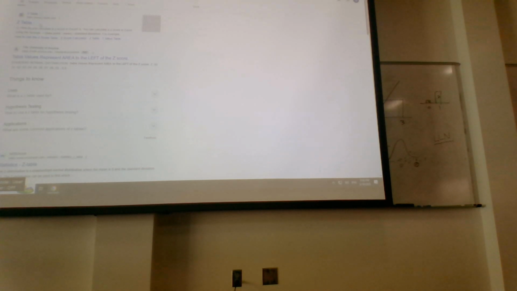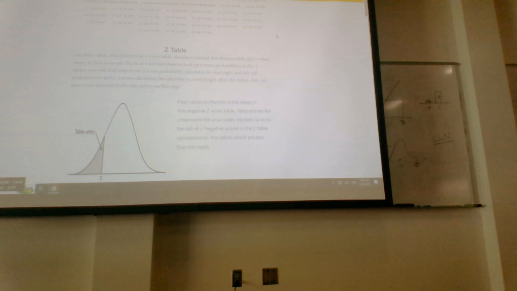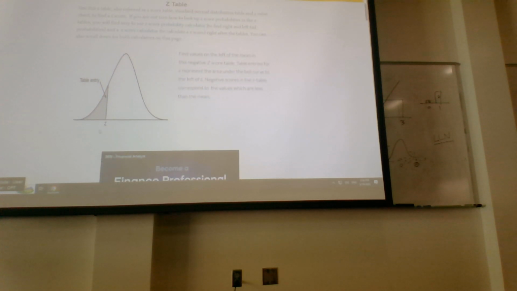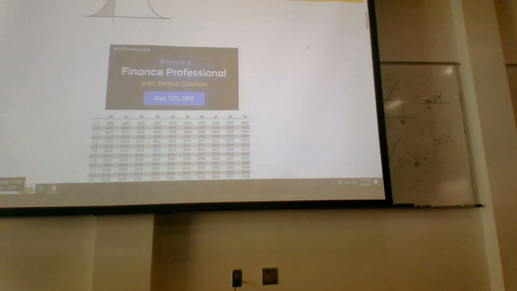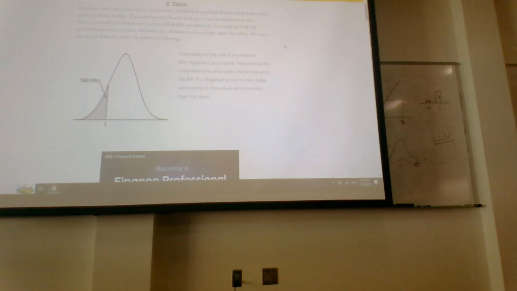Okay, cool. Z-table. Every Z-table comes with a nice rule that tells you how to read it. Here's your Z, and all of this shaded area is what it gives you as probability. So if it's 0.2, then it's from the left to the Z point, 20% of the probability.